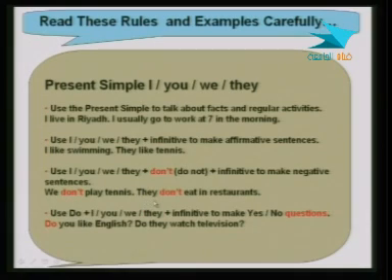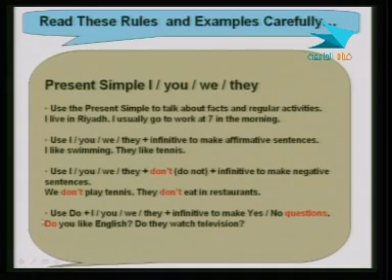Or you can say, just any plural noun here, or second person, like for example, you, right? Like you can also say they, as this example shows. They don't eat in restaurants.